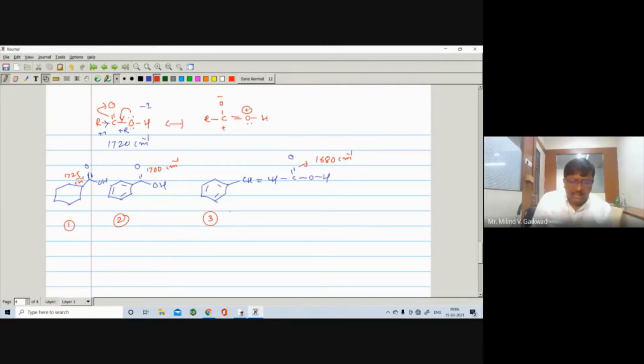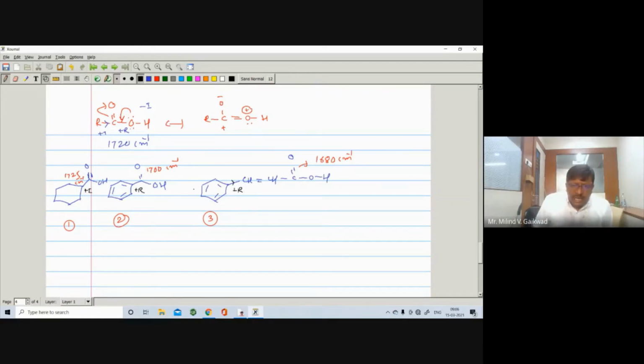So alpha beta unsaturated carboxylic acid is called cinnamic acid. In the first example only the plus I effect is present. Here there is a plus R effect. Here there is more increase in the plus R effect, right?